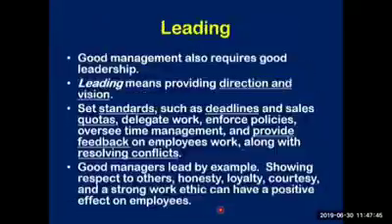Leading. Good management also requires good leadership. A leader plays an important role in any business because he has to give instructions to the employees to be followed by them properly.